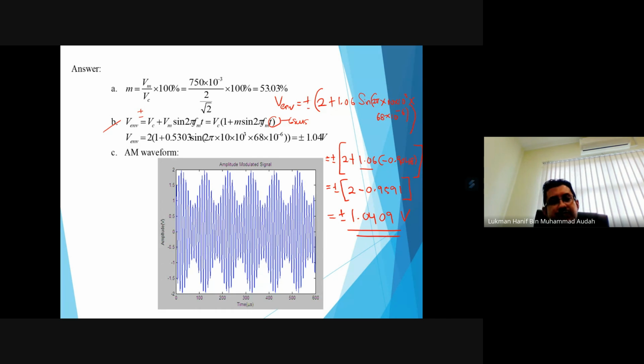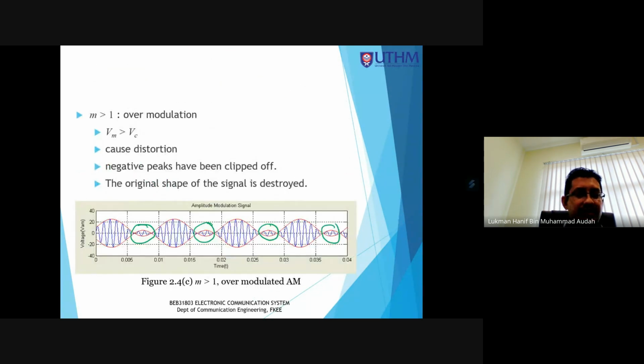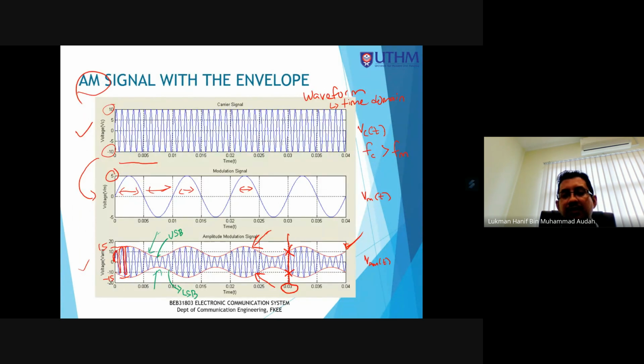That means, if I go back to the previous slide, just want to show you, for example, class, this is 68 microseconds, and we draw a straight line like this.